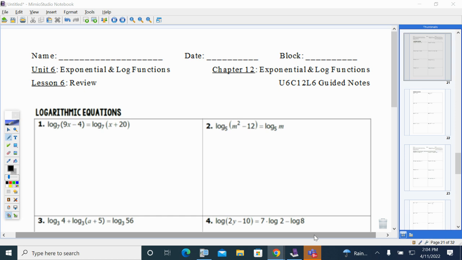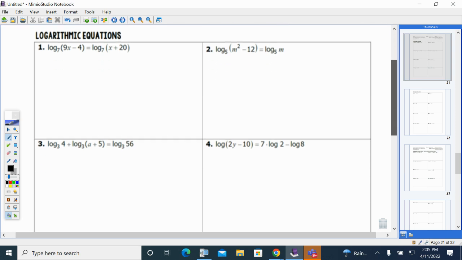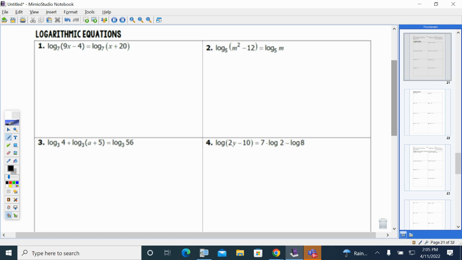Looking at examples number 1, 2, 3, and 4, what I notice about these 4 problems is that we have logs on both sides. So the rule for solving equations where you have logs on both sides is to drop your logs and solve the equation.